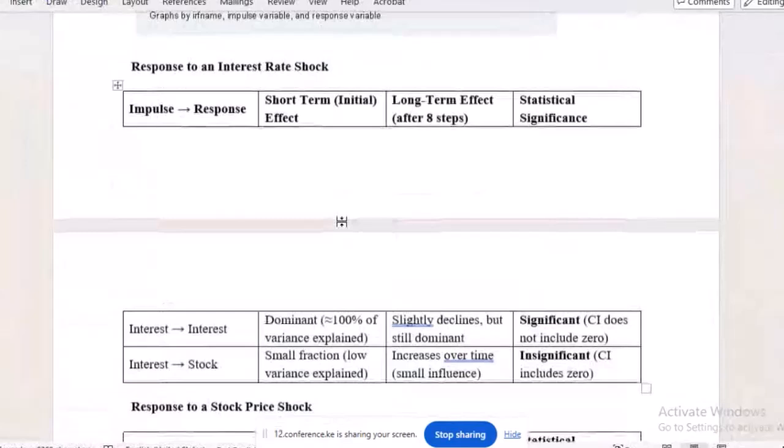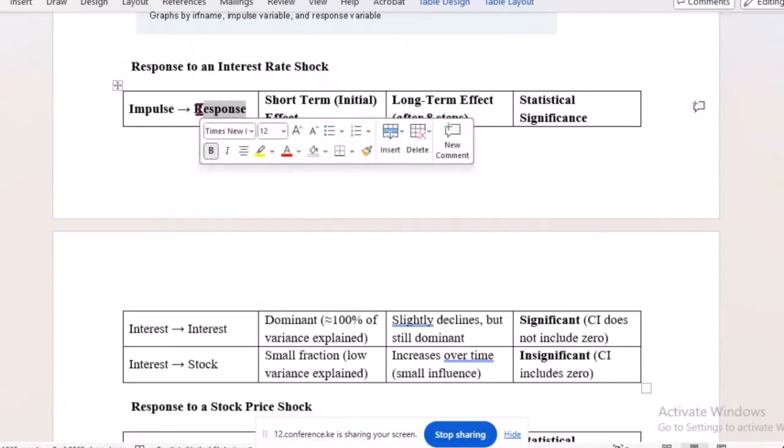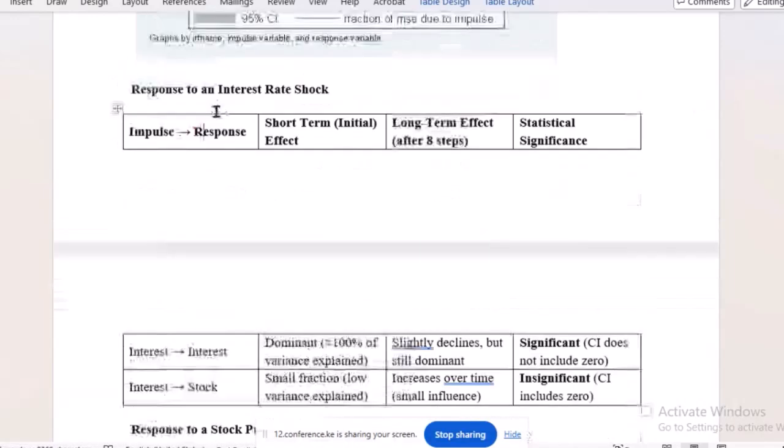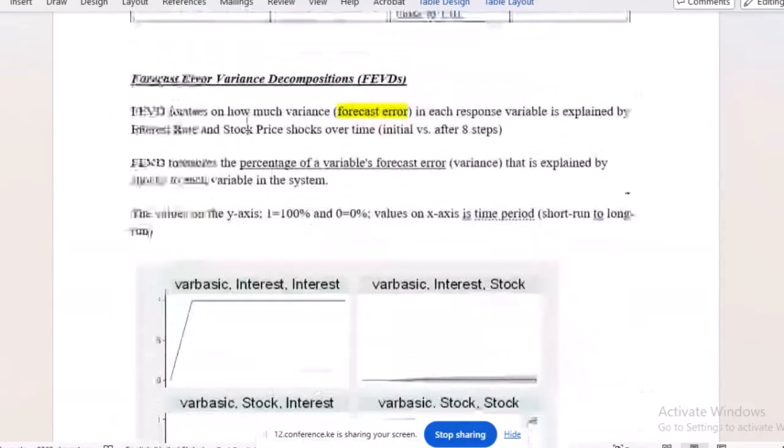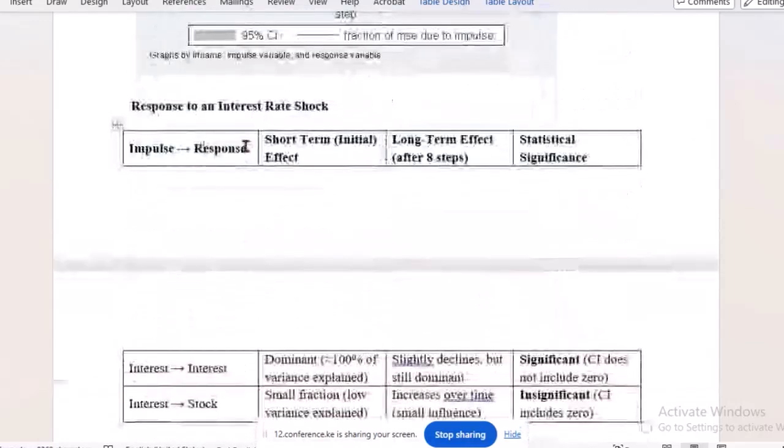So when we shock, the first one is the response to an interest rate shock. When we shock one variable, or when we shock the impulse, what is the variance, or what is the forecast error of the response function? So we can look at the first one.